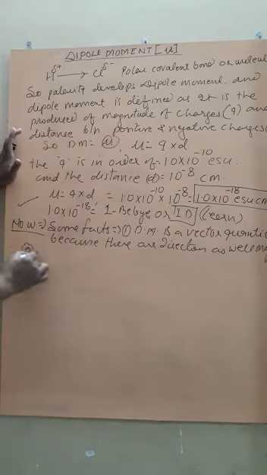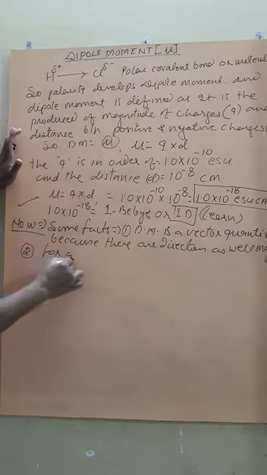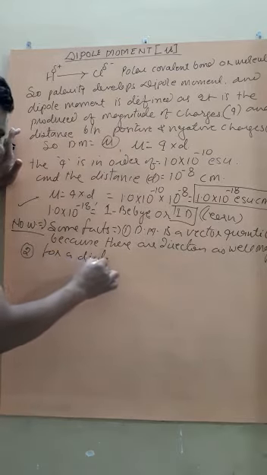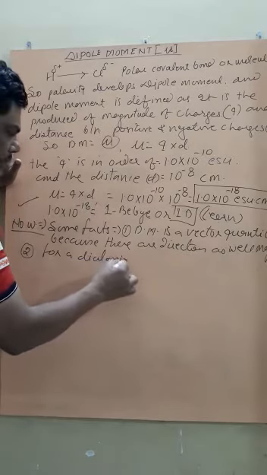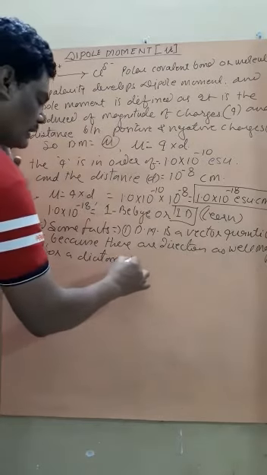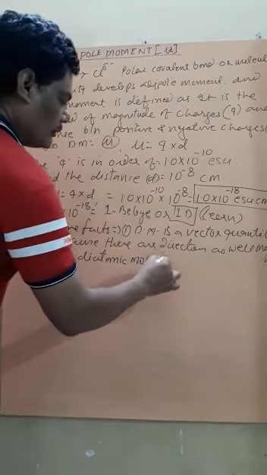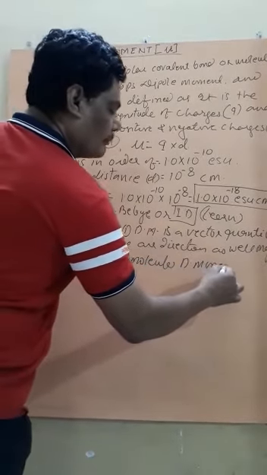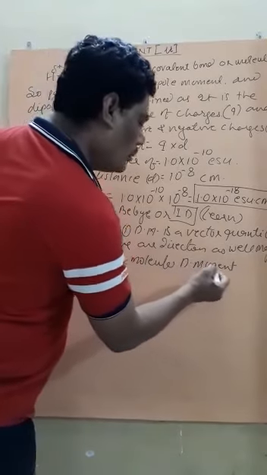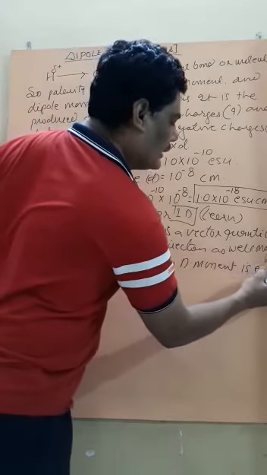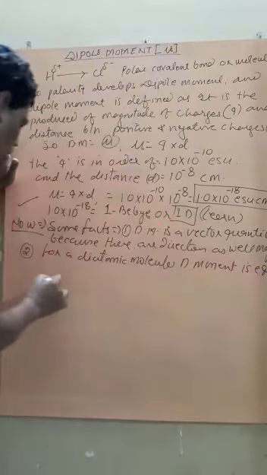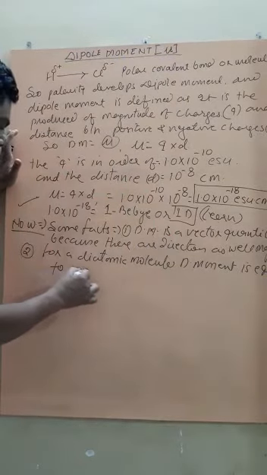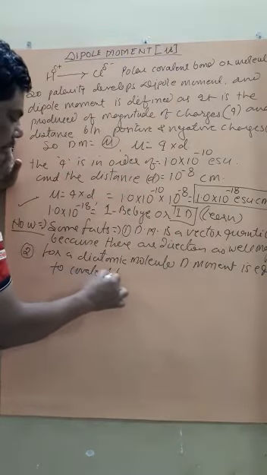Number two, for a diatomic molecule, that is made up of only two atoms, the dipole moment is equal to the covalent bond dipole moment.